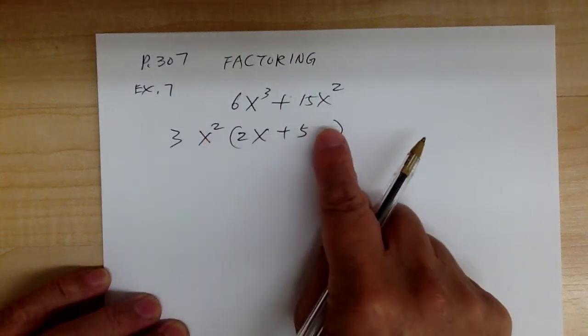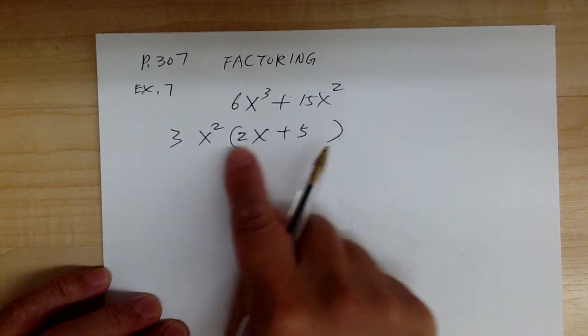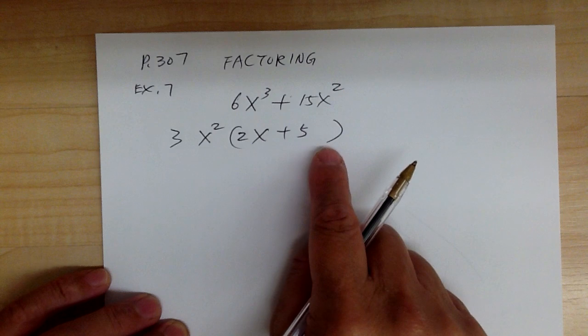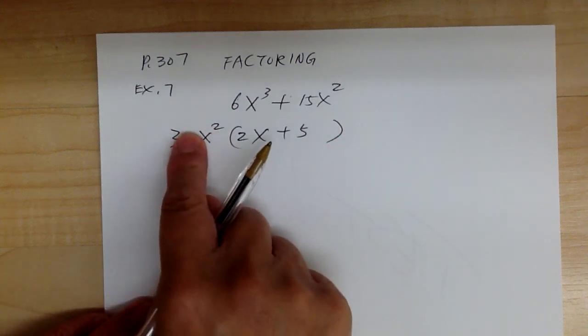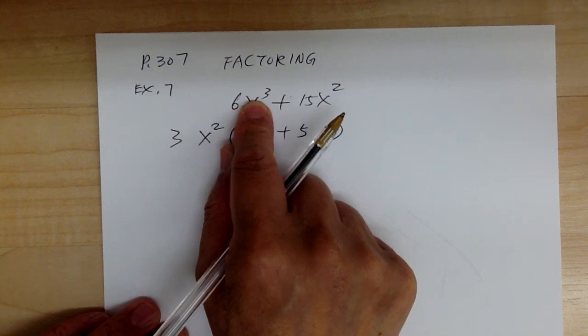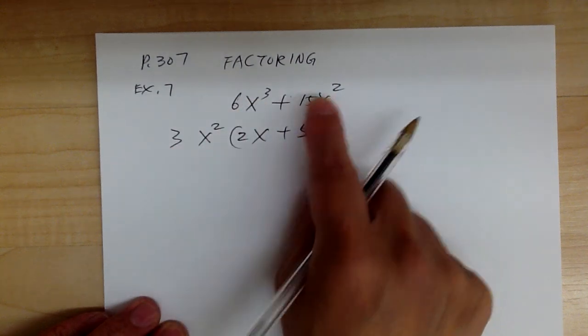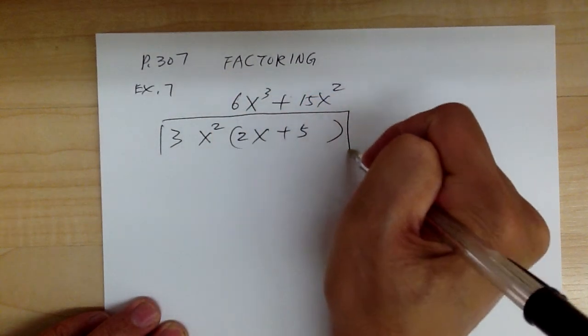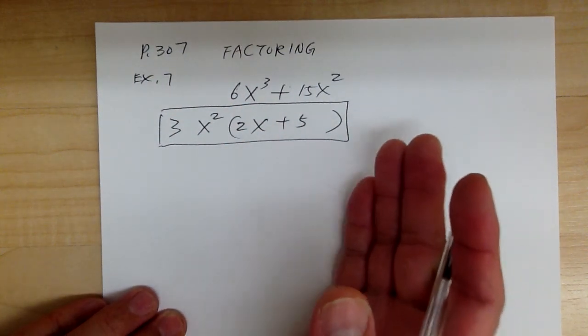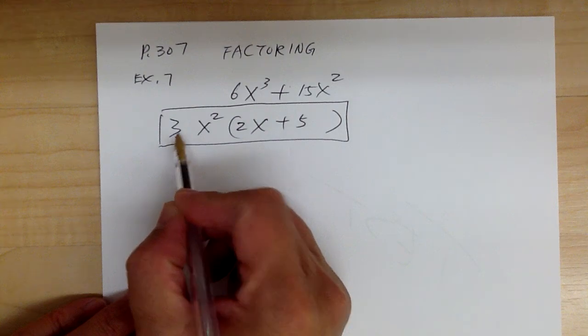And x squared times, well, you don't need any more variable, right? So x squared times 1 will give you x squared. You can double check: 3x squared times 2x will give you 6x cubed. This times that will give you that, right? And so that's your answer. This is called a common factor. Common factor means you can divide by the number and the variable.